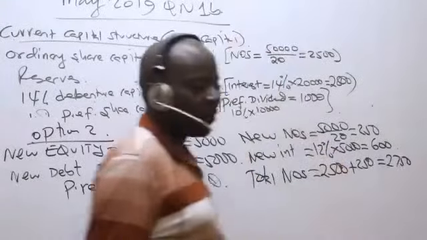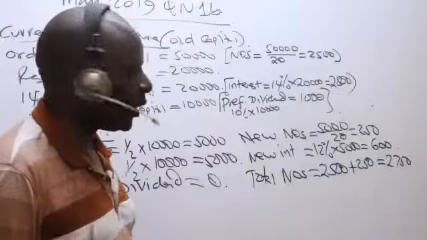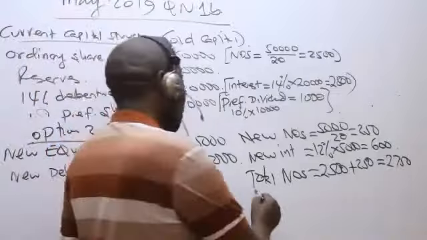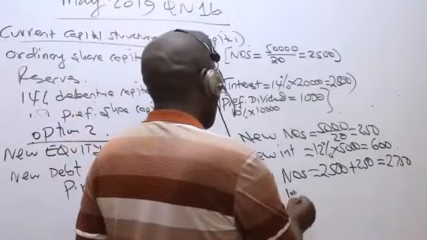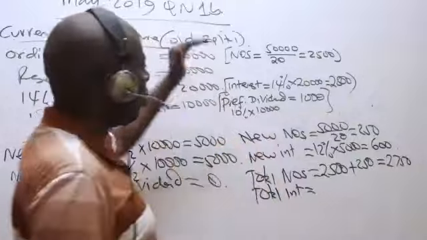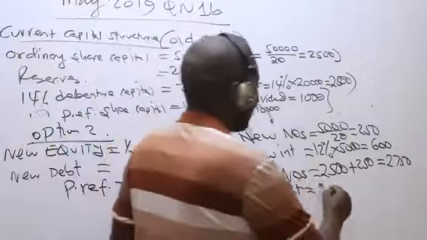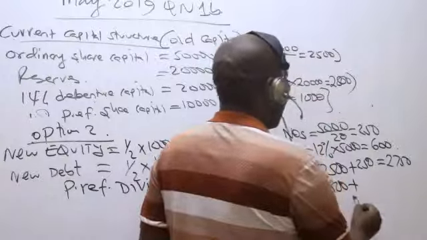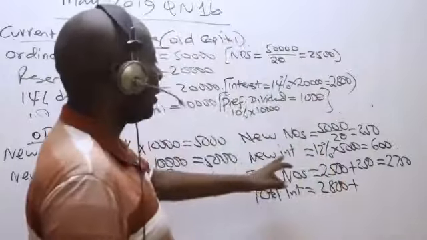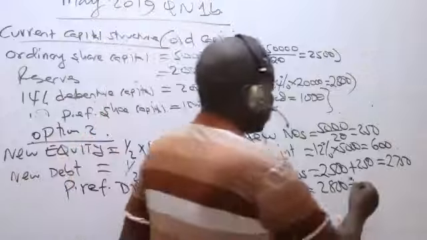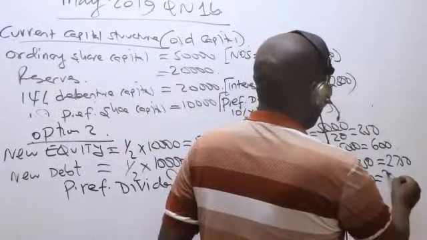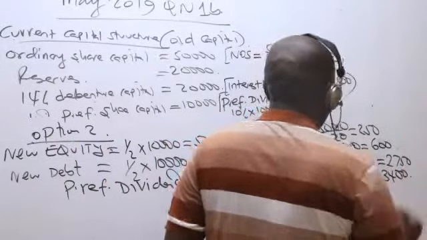Now the total interest: I'll take the old interest, 2,800, plus the new interest of 600, which gives me 3,400.